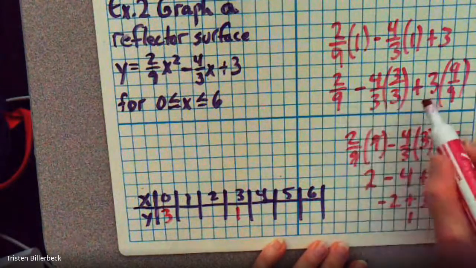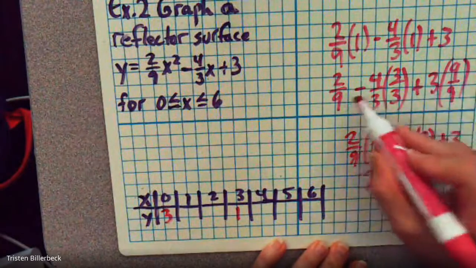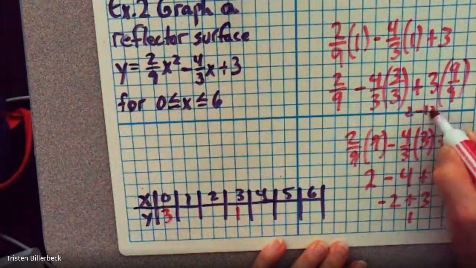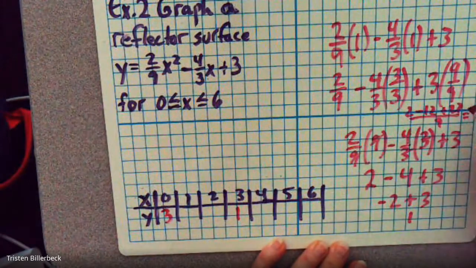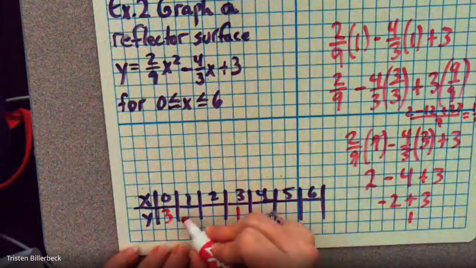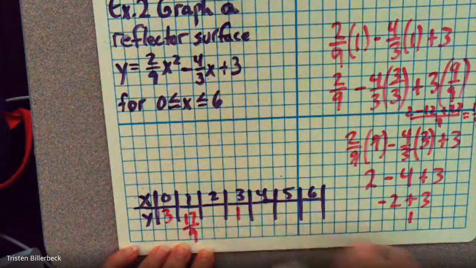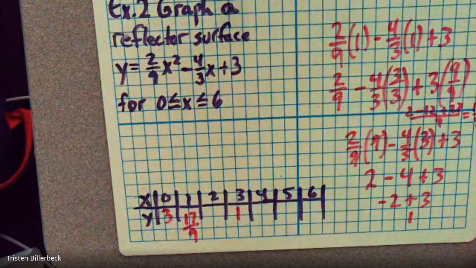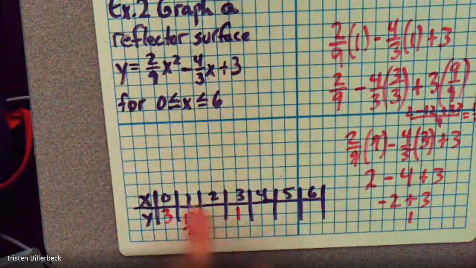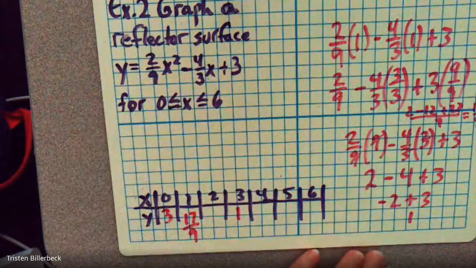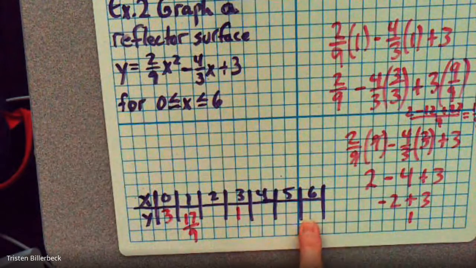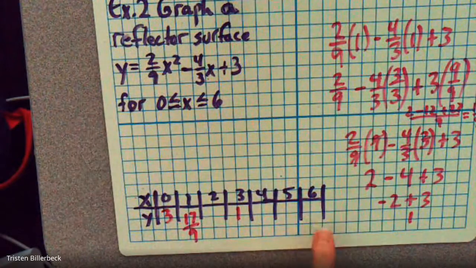Okay, so this is all going to be 2 minus 12 plus 27 over 9, and 27 minus 12 is 15, plus 2 is 17/9. Oh joy, I want to graph 17/9, not. Okay. So if it's got a denominator like that and you want to have an easy time of it, go with factors of 3.